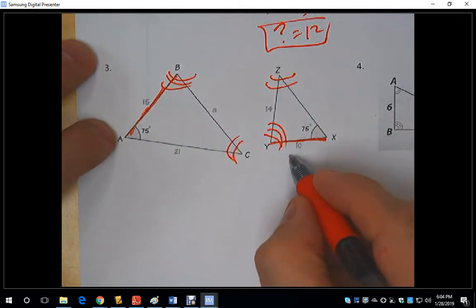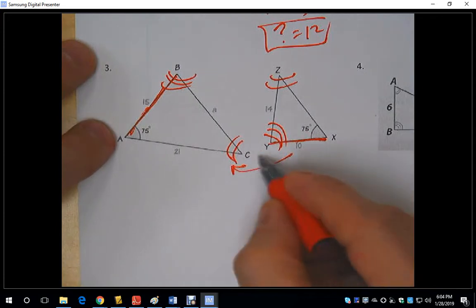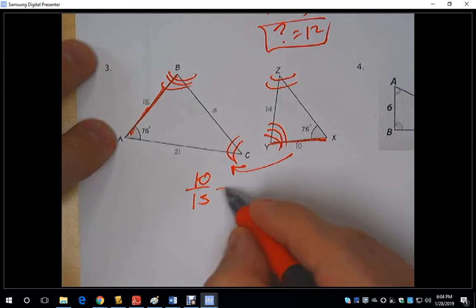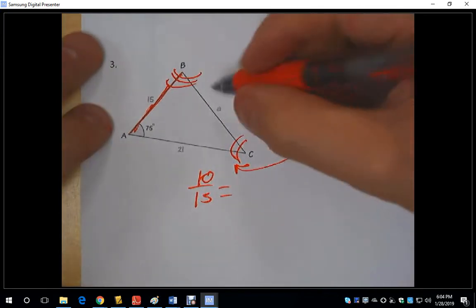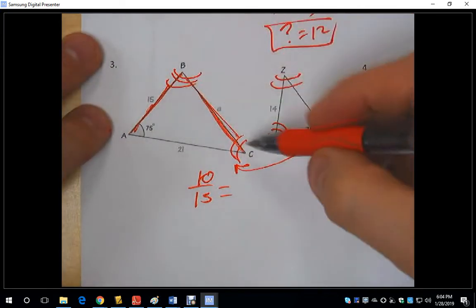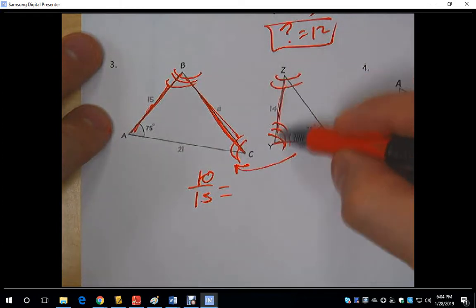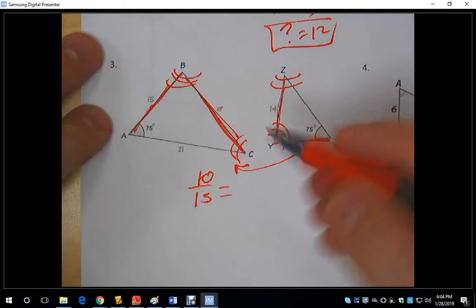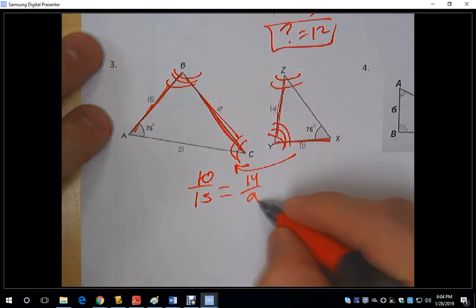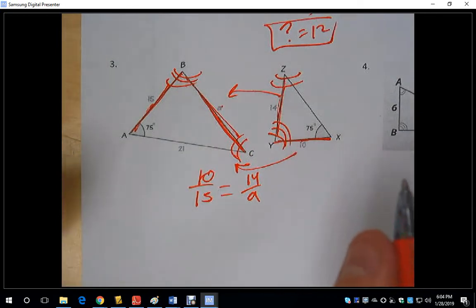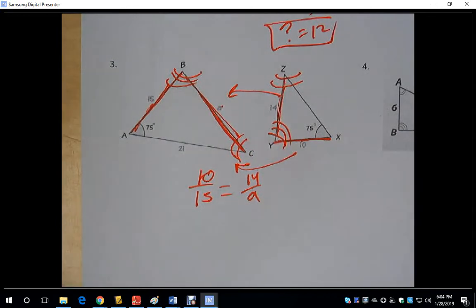So I can say that 10 is to 15 as, well, let's find the corresponding side to the A. This is 2 arcs to 3 arcs. So 2 arcs to 3 arcs would be here, so that would be from 14 to A. So we're moving in both directions, which is pretty important, otherwise we're going to set up an equation that's actually not true.